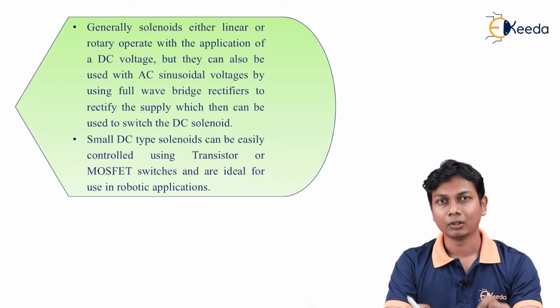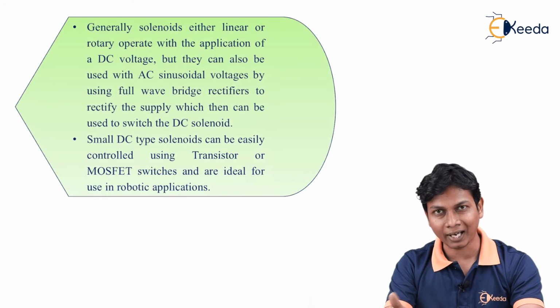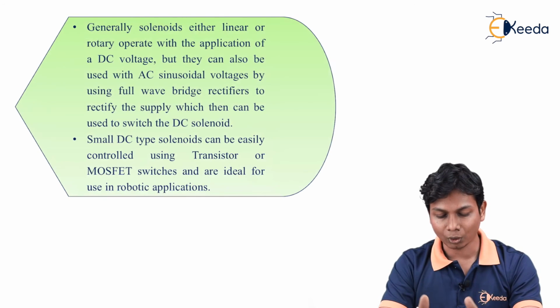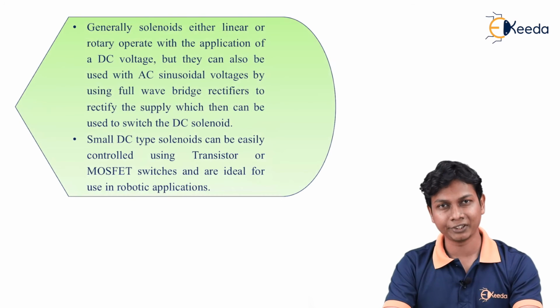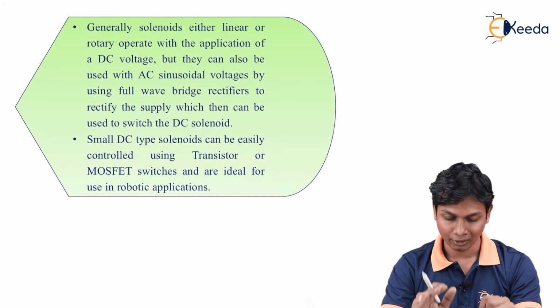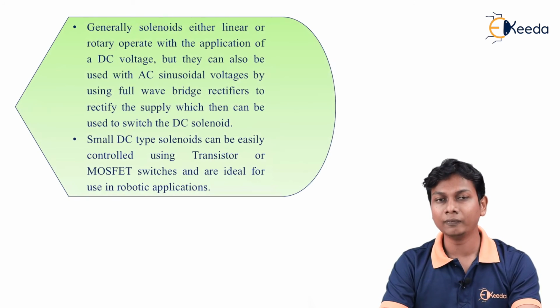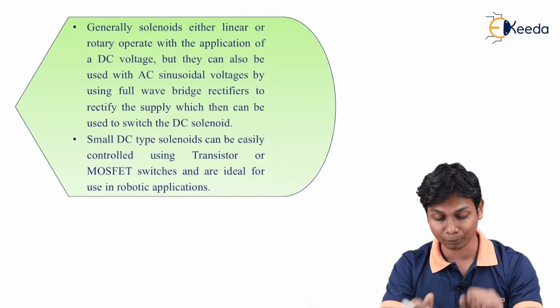That means whatever voltage supply you apply to the solenoids, it can be DC or it can be AC, but generally we use a DC power supply. But by using a full wave bridge rectifier, we can also use an AC power supply.